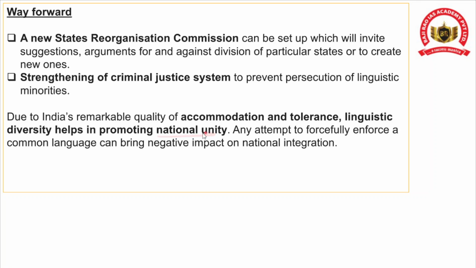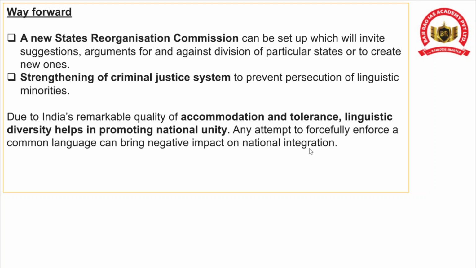However, any attempt to forcefully impose the religion of one particular group or forcefully enforce a common language, for example Hindi, which is spoken as a common language across the majority part of the country. If we impose Hindi forcefully, that could have a negative impact on overall national integration, because there is still no consensus or agreement on the part of the people in different parts of our country that Hindi should be a common language.